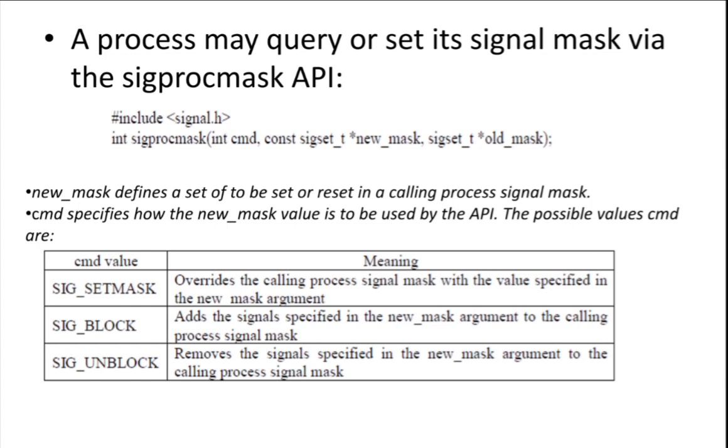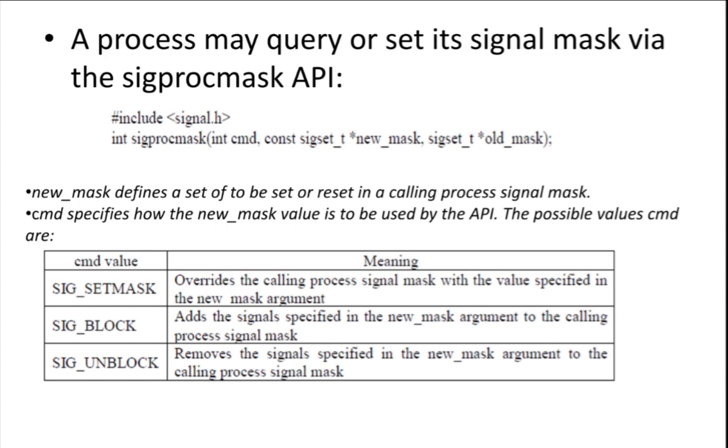You can see the prototype here. The first argument is cmd, the second argument is the new mask, and the third argument is the old mask.